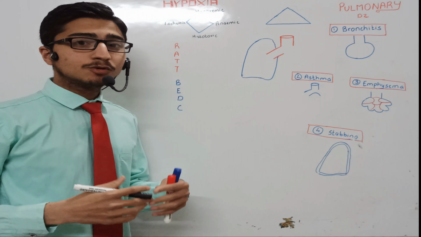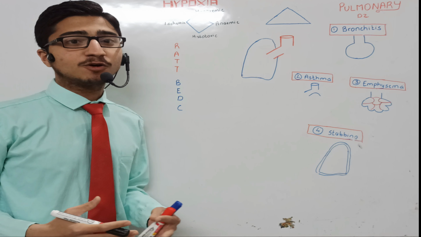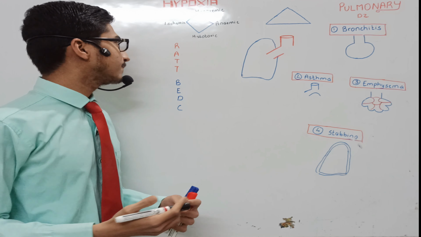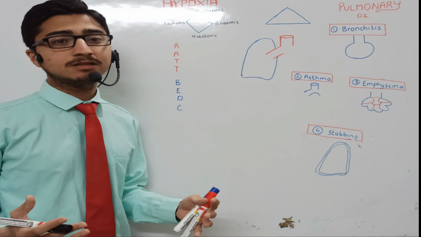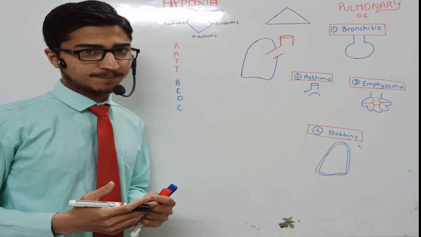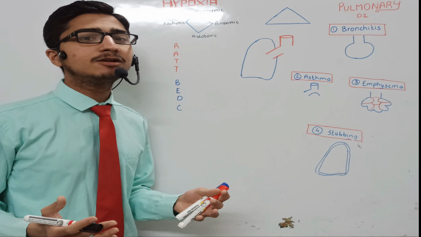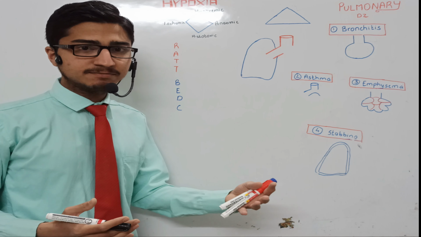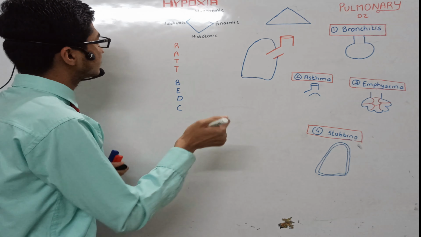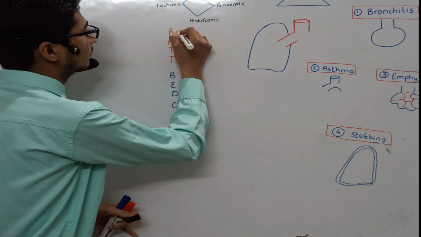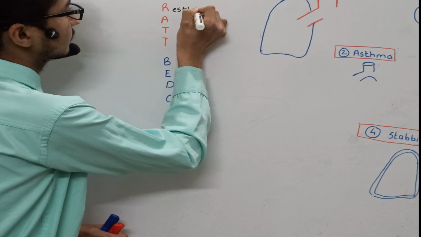So before going into a detailed explanation of all these four kinds of hypoxia, we are going to focus on an important classification based on symptoms of hypoxia. We have divided it into two parts, that is early signs and symptoms and the late signs and symptoms. Early signs and symptoms include the first symptom, that is restlessness.